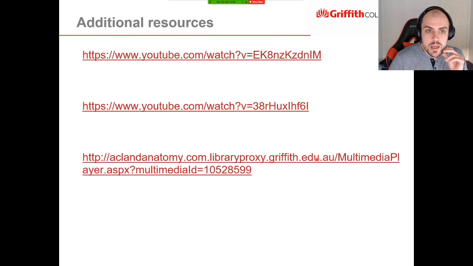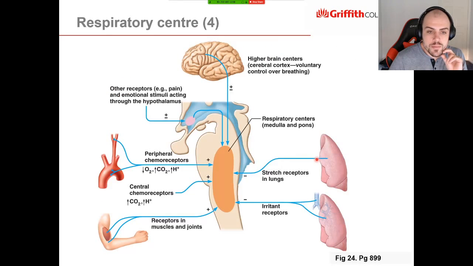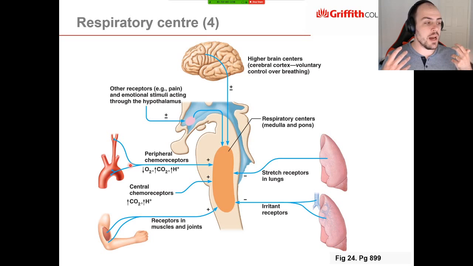Certainly. Peripheral chemoreceptors are the chemoreceptors that are just off the aorta or heading up the carotid arteries, up to your brain. All they are doing is basically saying, what's the pH of our blood? How much CO2 is in the blood? How much oxygen is in the blood?